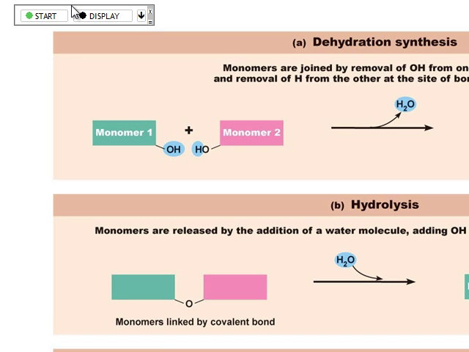So if I look at the chemical makeup of monomer 1 and monomer 2, there's a little OH on one and an H on the other. We're going to pull those out, bring them together, and water is a waste product. We're going to use that water for many, many different things in our body. It's called metabolic water, and it's a very important way to get water in the system.